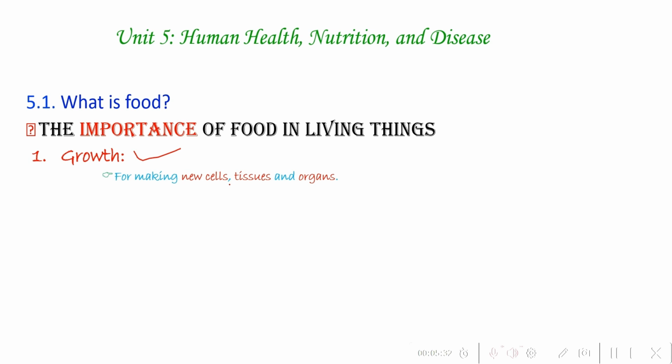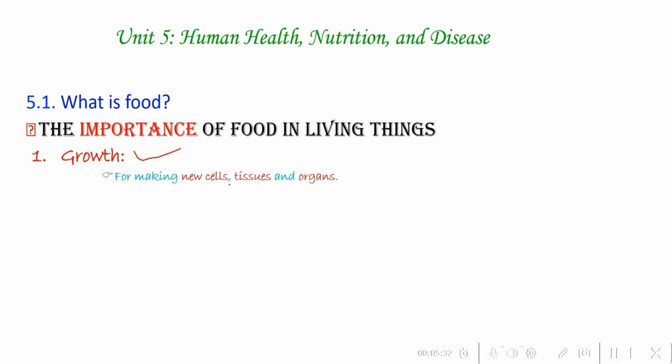For example, to run there must be what? Energy. To jump there must be what? We need energy. For moving, for growing, for reproduction, and all other activities, we require energy. This energy comes from the food we eat.